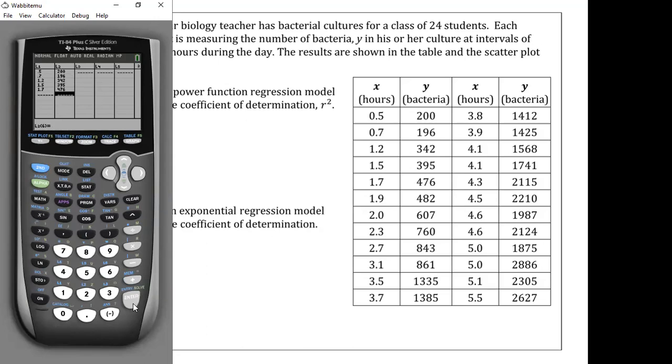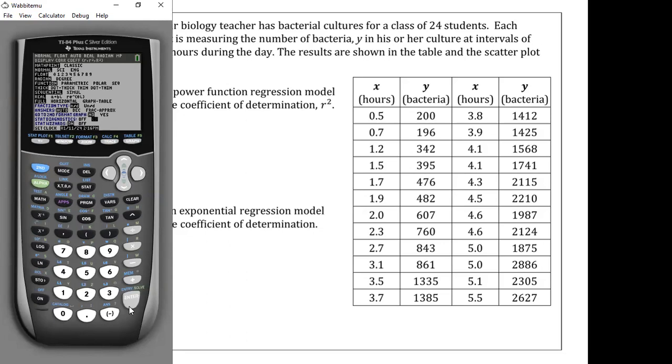All right, so we've put information in, right? And it says find a power function regression model and the coefficient of determination. In order to have that coefficient of determination, or R squared, we have to make sure we turn on our mode. So we go to mode, and we're going to go down to where it says stat diagnostics. We want to make sure that it is on.